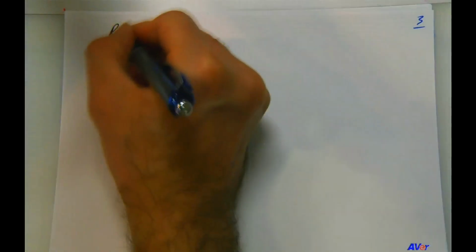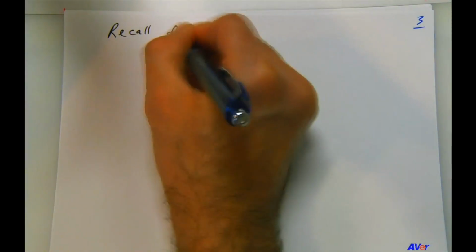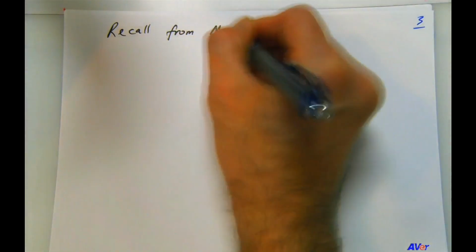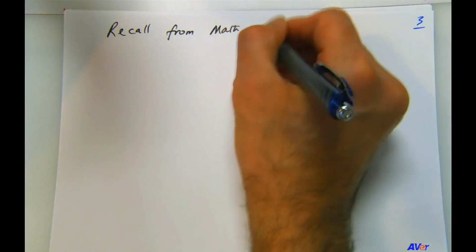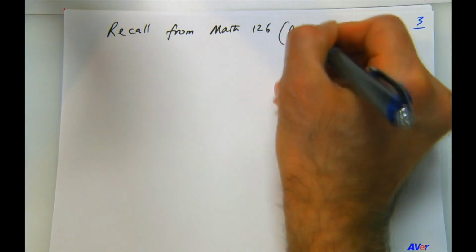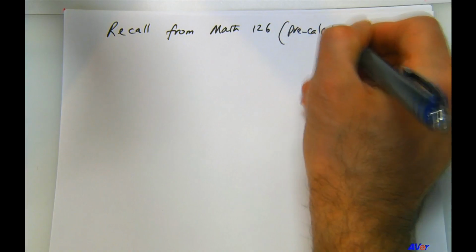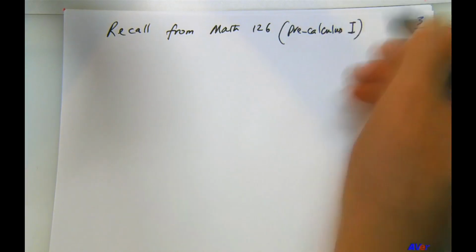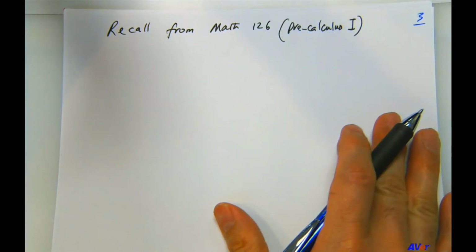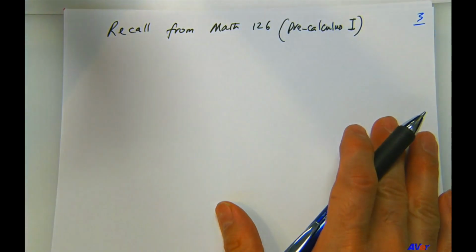Let's remember some of the things about that content area. Recall from Math 126 or pre-calculus 1 that a function has an inverse only if it's a one-to-one function.